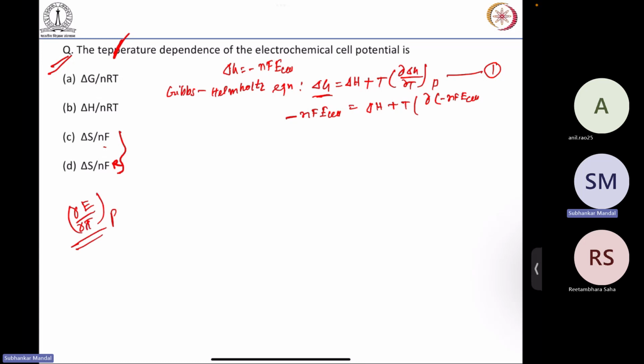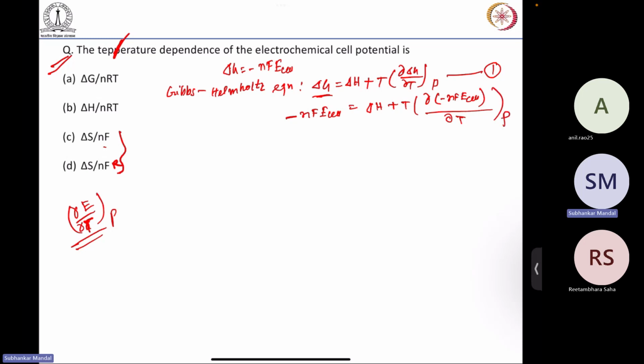So how the potential of the cell is changing with thermodynamic parameters, that we have to find out. Okay, so this is constant P.